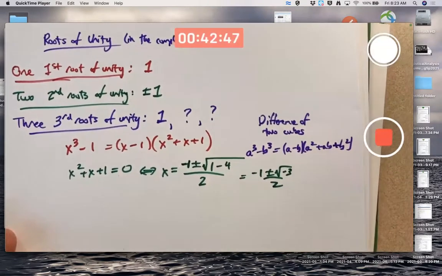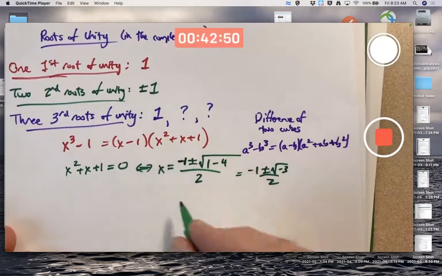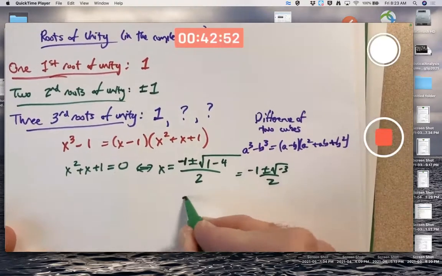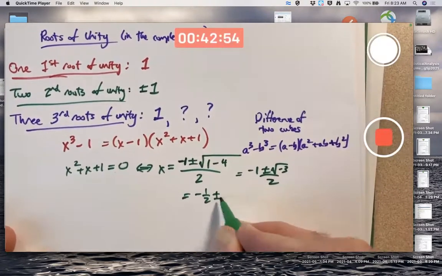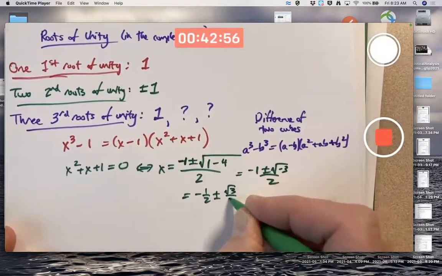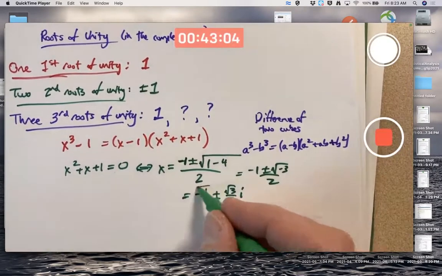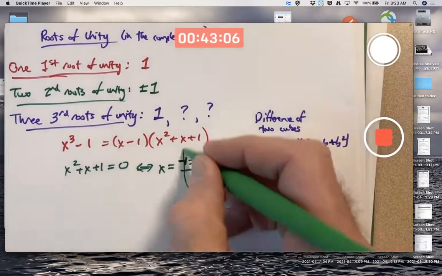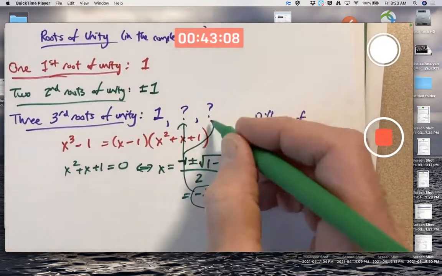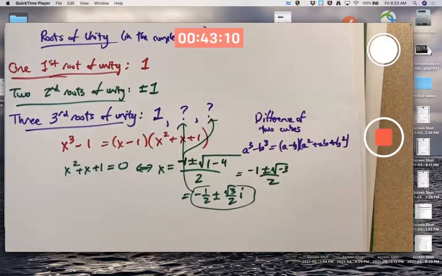Those are complex numbers. That's going to be the same as -1/2 plus or minus square root of 3 over 2 times i. Those two complex numbers are the question marks. Those are the other two cube roots of unity.